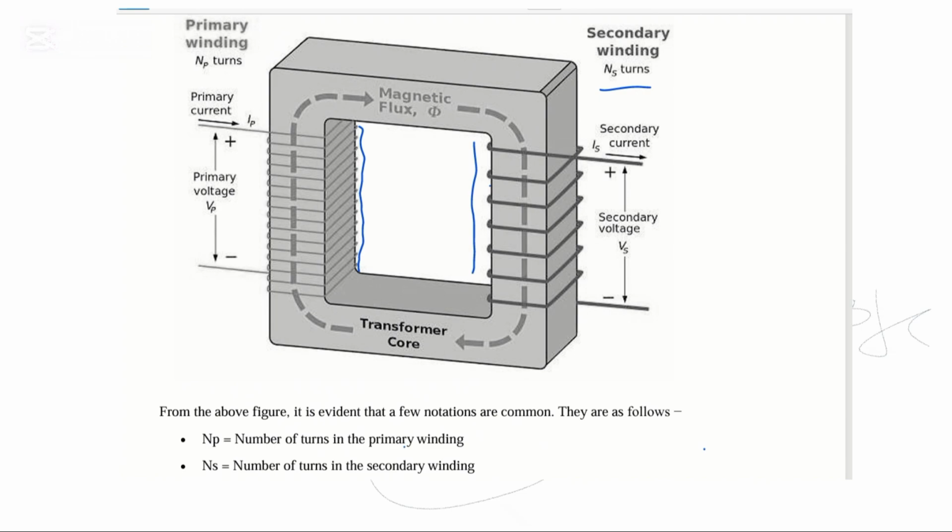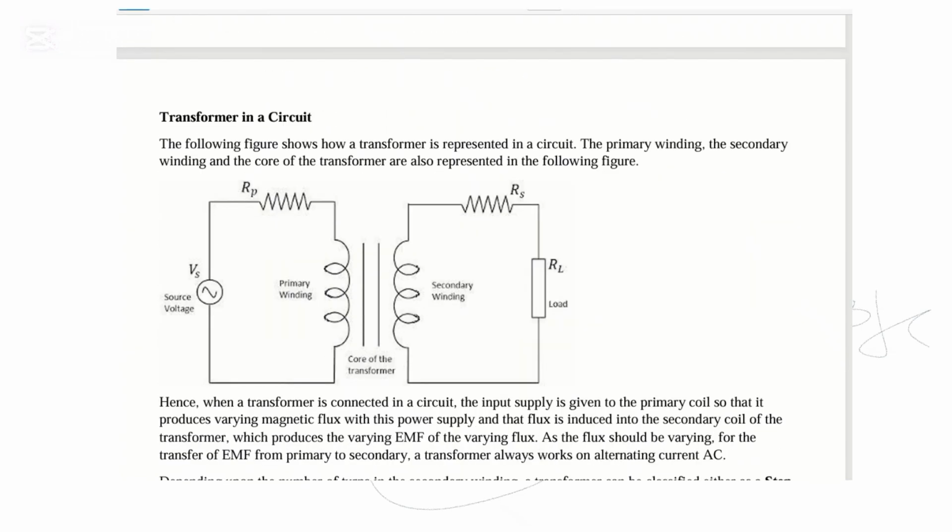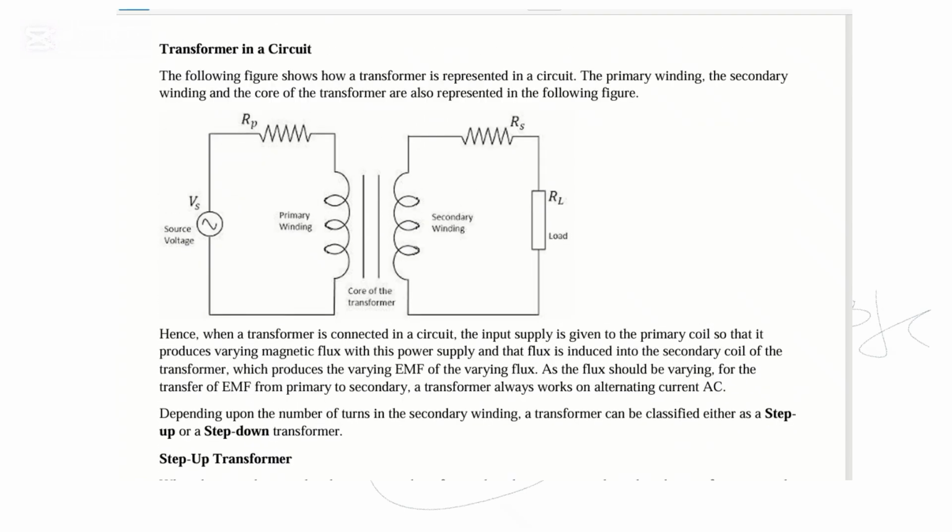Okay. Now, how does a transformer work? Transformer in a circuit. Now we have to connect the transformer in the circuit. So this is how we connect the transformer in the circuit. So this one here is now the actual symbol of a transformer. So in electrical and electronics diagrams, you will find a transformer is represented like this.